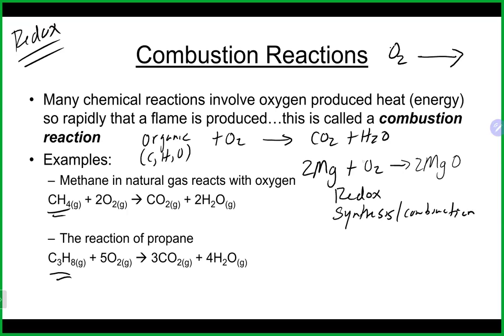And dare I say, I see oxygen, which means you could classify this one as a combustion reaction, yeah? So this one reaction could be classified 3 different ways. I would say most people would probably classify it as a synthesis or combination reaction, but it does fall and meet the criteria of all the other 2 classifications as well.